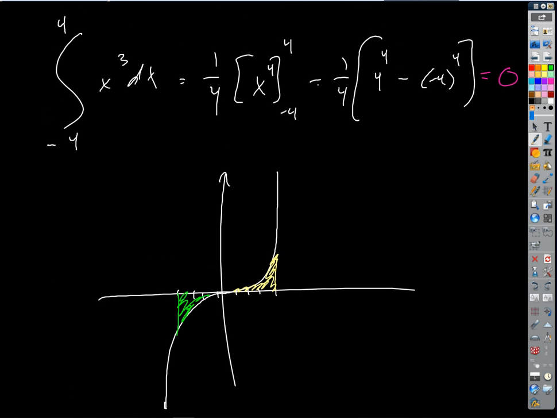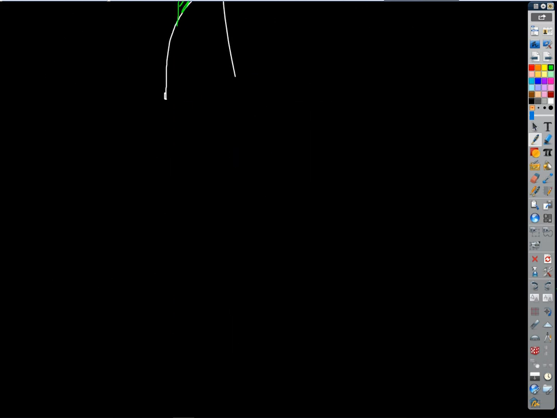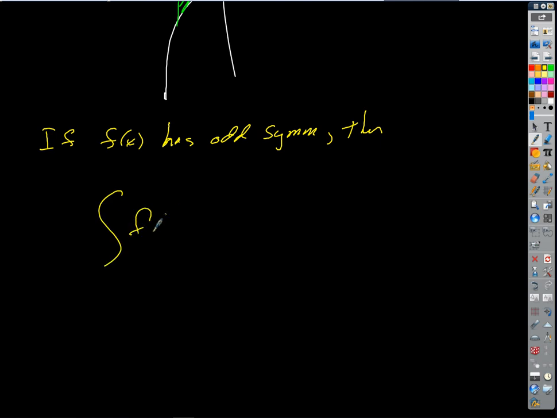So what's the moral of that story, though? We could say this, if we can come up with another little corollary here. If f of x has odd symmetry, then the integral of f of x dx over symmetric limits is always what? Zero.